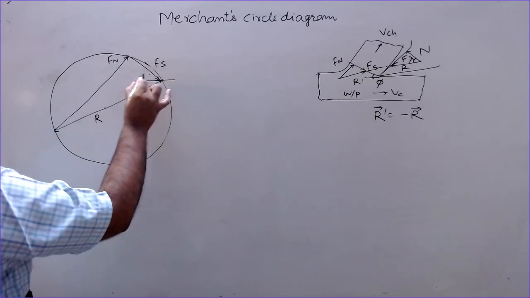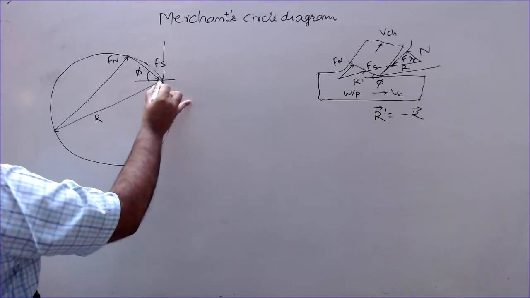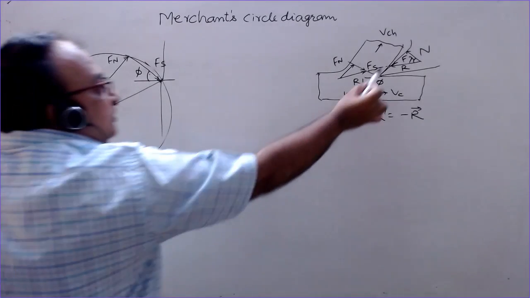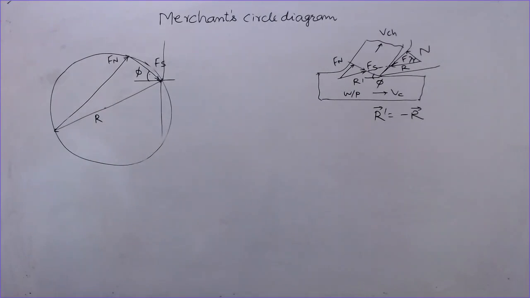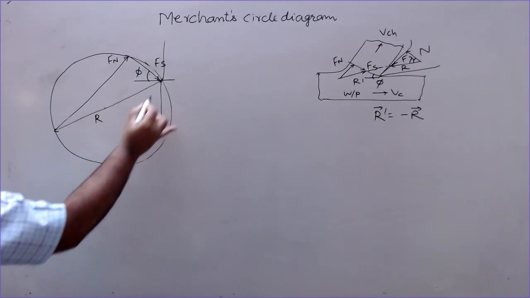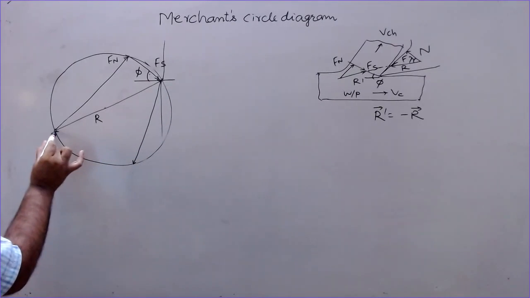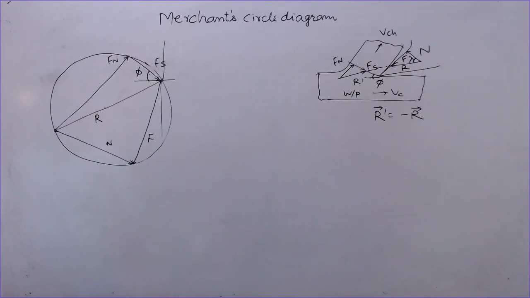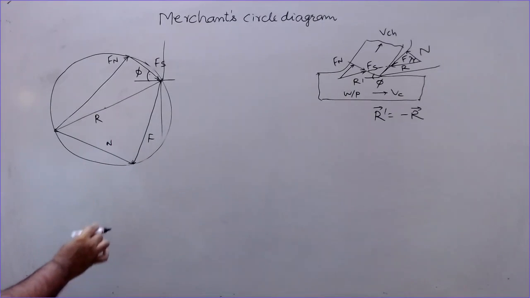This is the horizontal line, and it makes an angle phi with the horizontal. This is the vertical line. Then we have the components F and N, and we can resolve R further into two components, F and N. This is the force F and N. So you can show the direction.